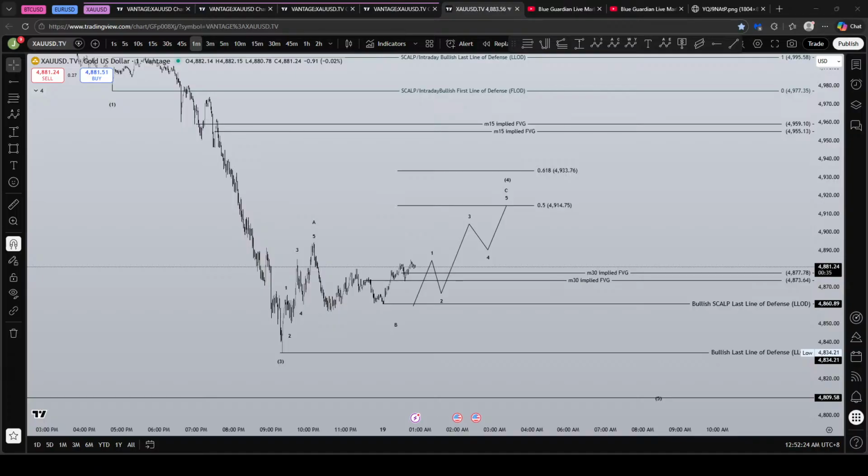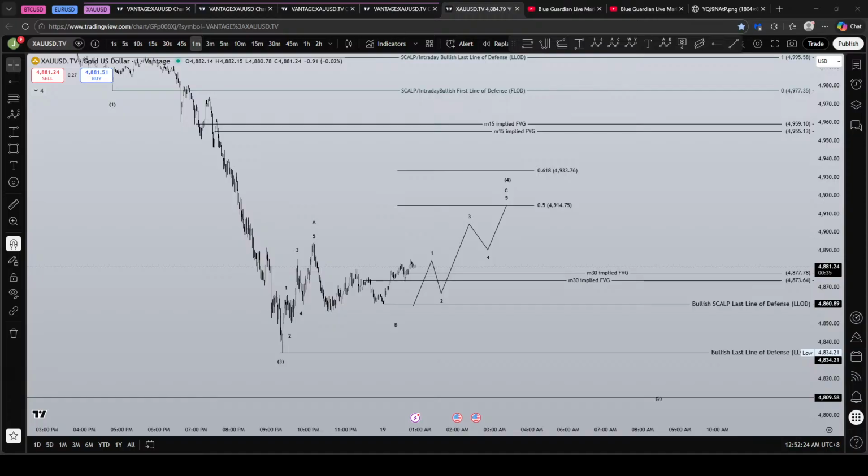Another question from Sala. So this means we will wait for a confirmation in point 4, then take a long. Yes. Based on the current chart, I am expecting the completion of the 5 waves up for the wave 4.